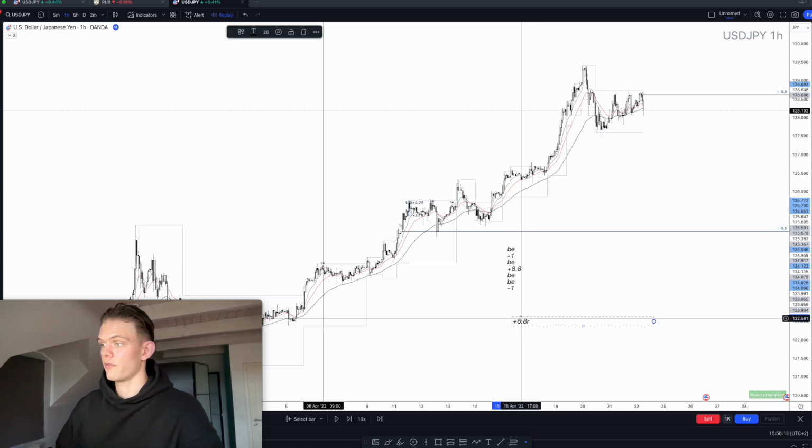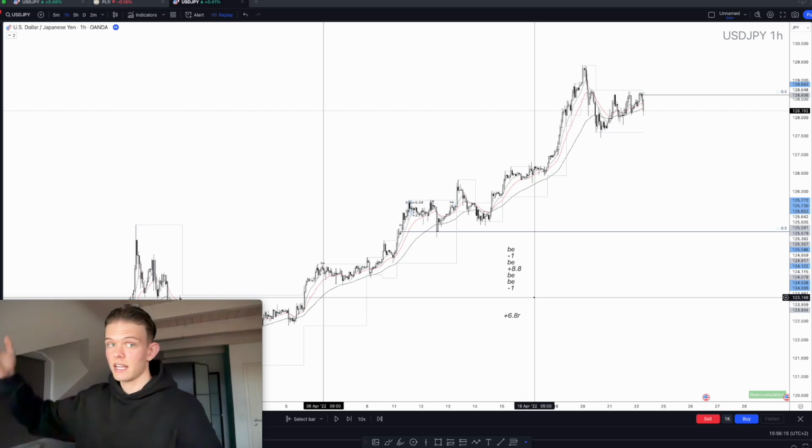Because if you think about this on, let's just say, a 50K account with a 0.5% risk, you're looking at $250 per trade. So $250 times 6.8, you'll be making $1,700 in 16 days.